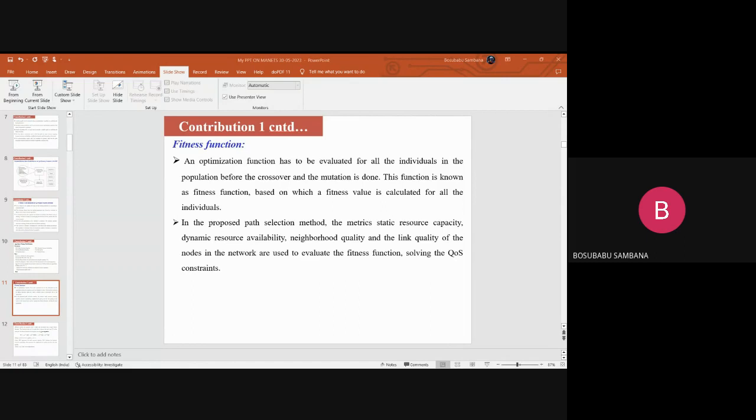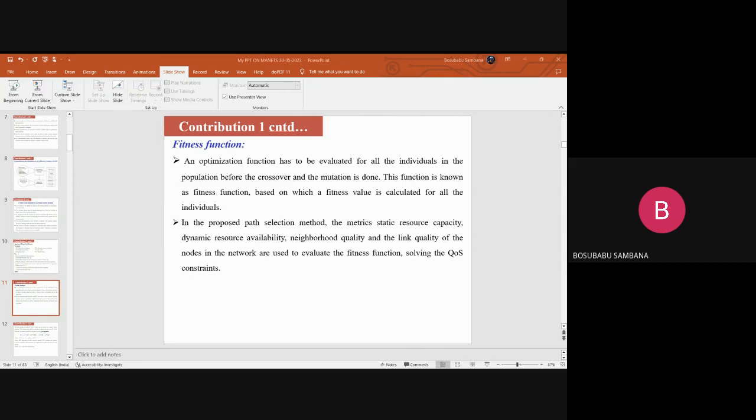Then how to find the fitness function, how to utilize the fitness function to calculate the node health, and how to connect one node to another node. This is the main reason to create the fitness function: to evaluate all the individual nodes and connect with the population of the various multiple channels.